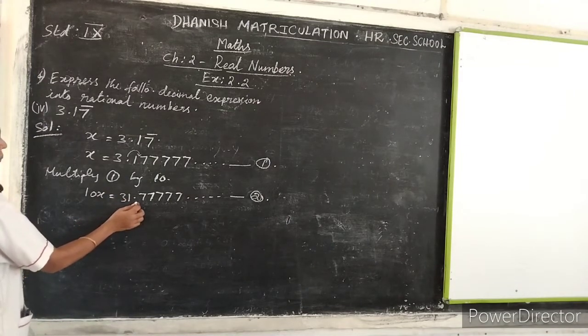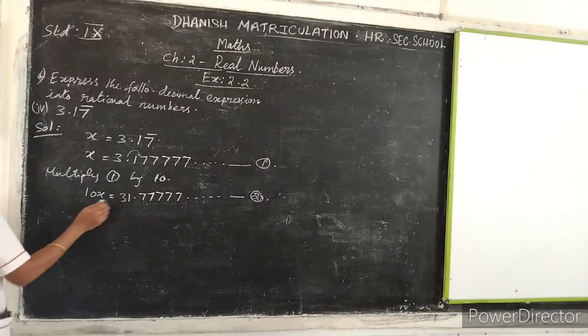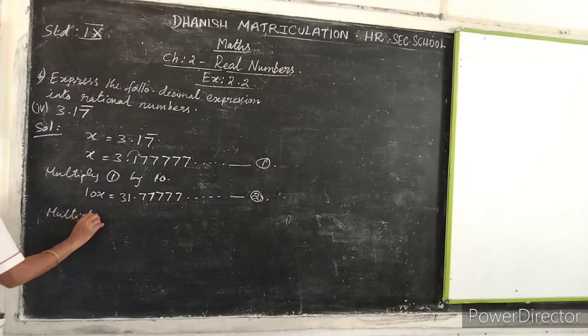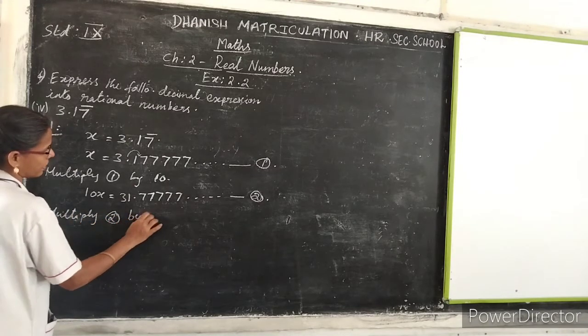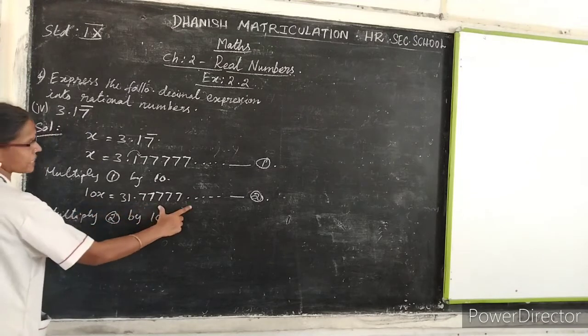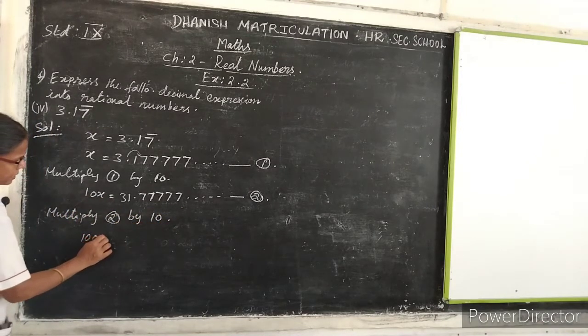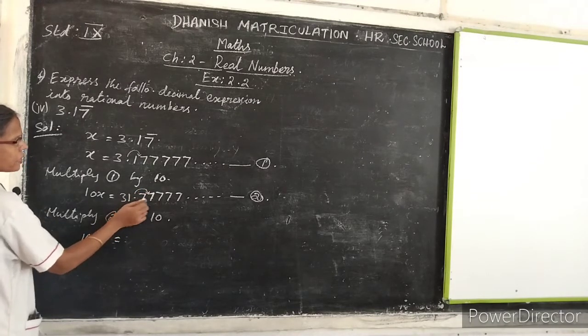Now here the period of the decimal is 1. Therefore multiply the second equation by 10. This one is the second equation. 10x into 10 means 100x. Here multiplying by 10 means just move this decimal point from here to here.